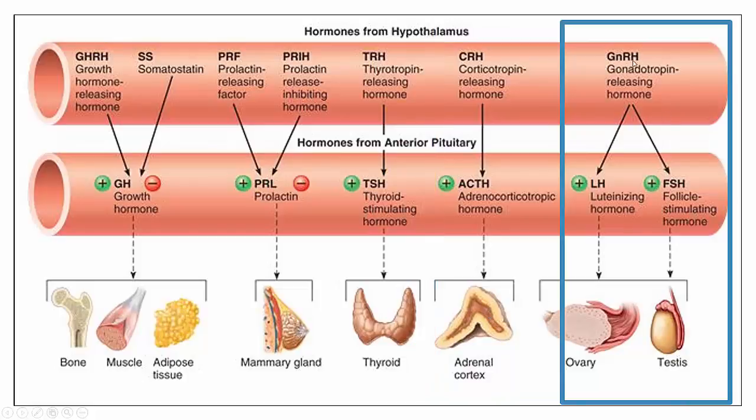And then finally, the GnRH, or the gonadotropin releasing hormones, stimulate the release of both LH and FSH from the anterior pituitary, which go on and act on the ovaries and the testes.